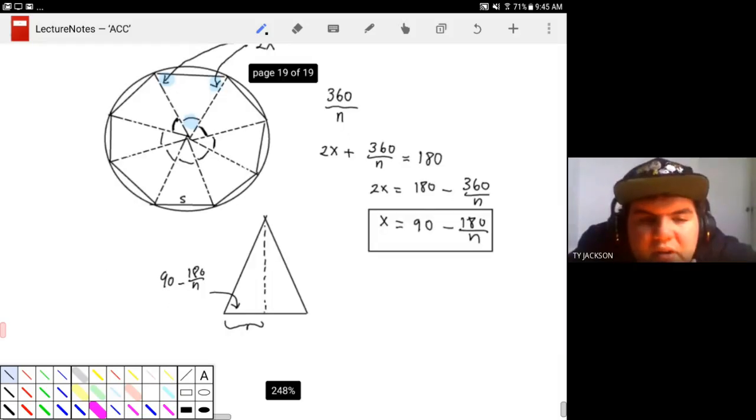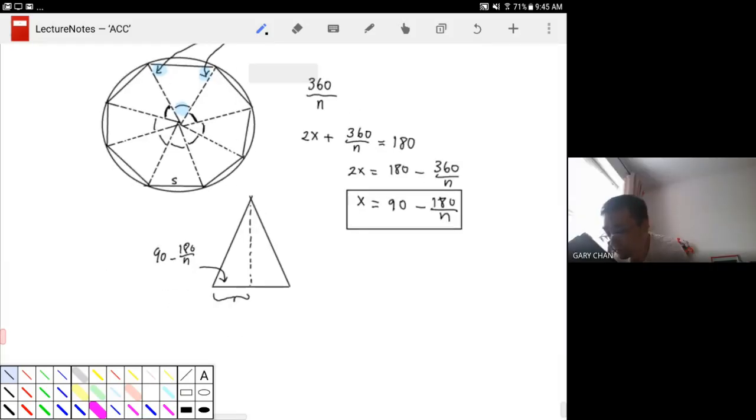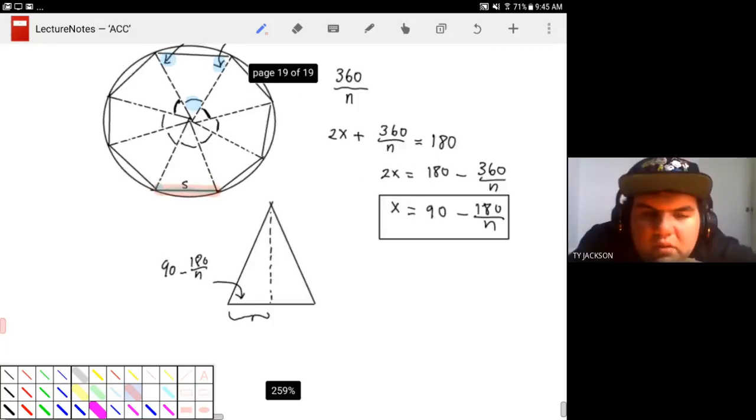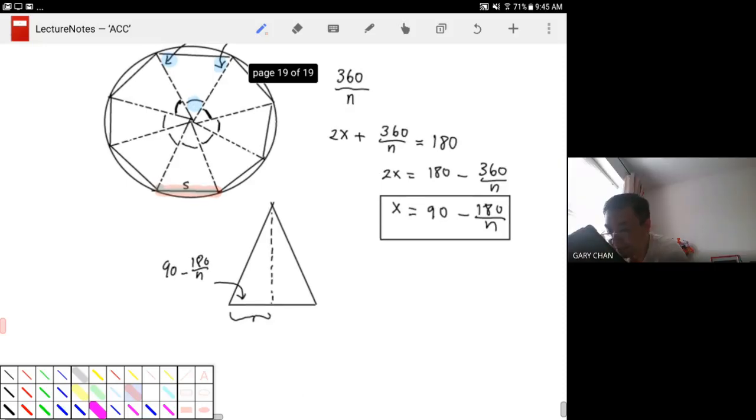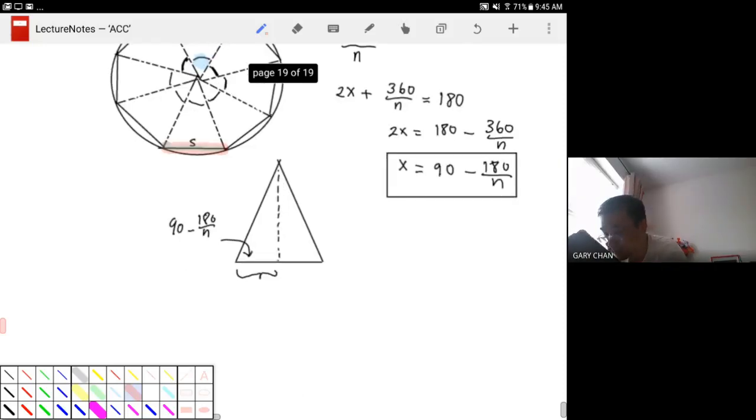What is the length of one of the sides of the polygon? That was S. So if I'm looking at just one of these triangles, then half that base is going to be S over 2.